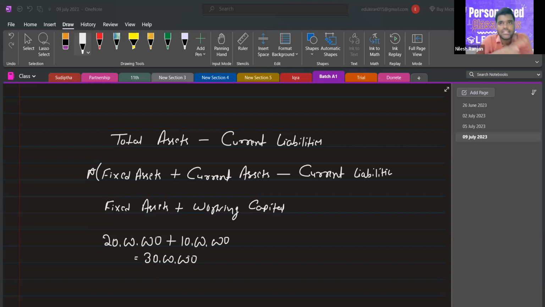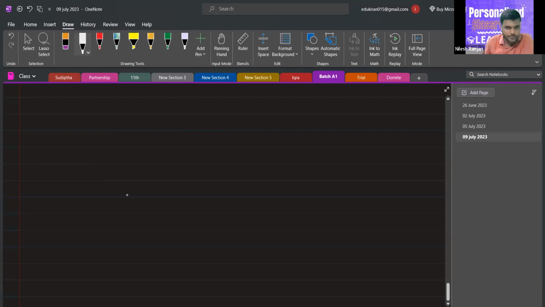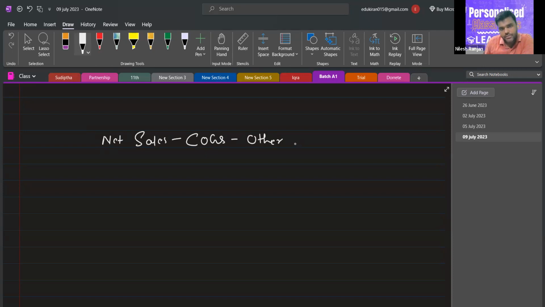The formula is net sales minus cost of goods sold. Let me write it so that we will understand. Net sales minus cost of goods sold minus other operating expenses. This is our formula.